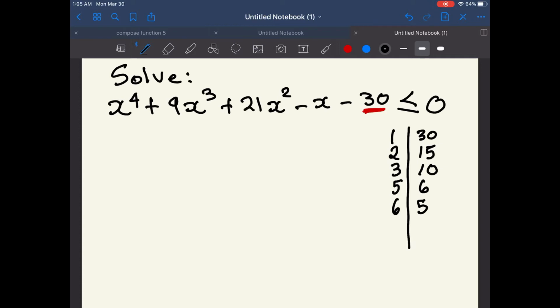And now, using synthetic division, I'm going to find the possible zeros of the polynomial.